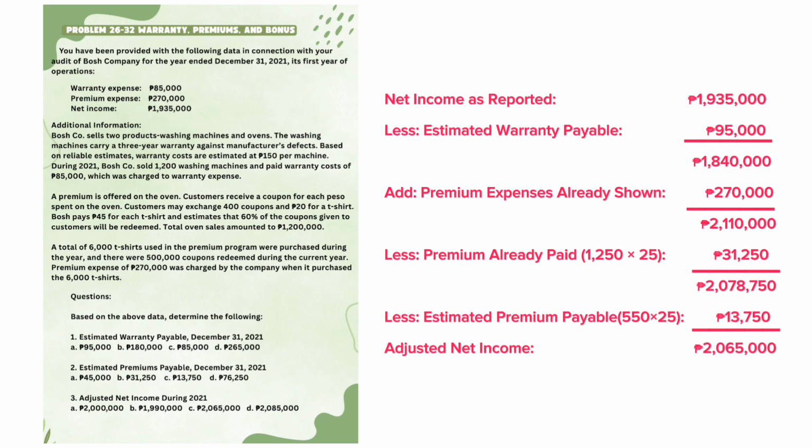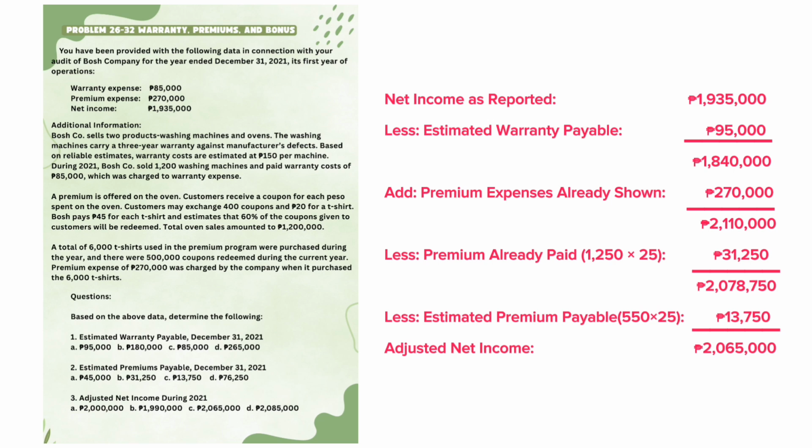So customers have already redeemed the 500,000 coupons, which means that they received 1,250 t-shirts, because 500,000 divided by 400 gives the answer of 1,250 t-shirts. So the company's cost per t-shirt is 25.